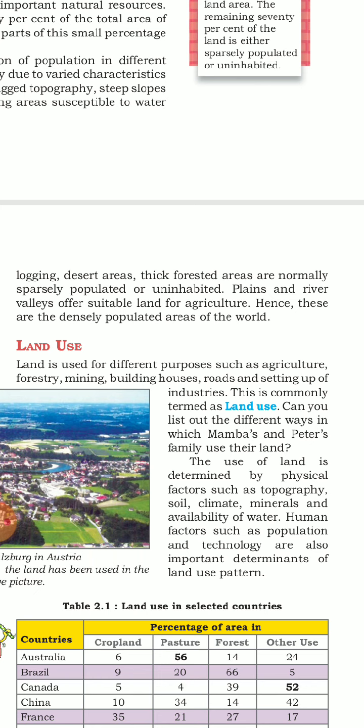Now, the factors that determine the use of land are: first, topography; second, soil; third, climate; fourth, minerals; and fifth, availability of water.